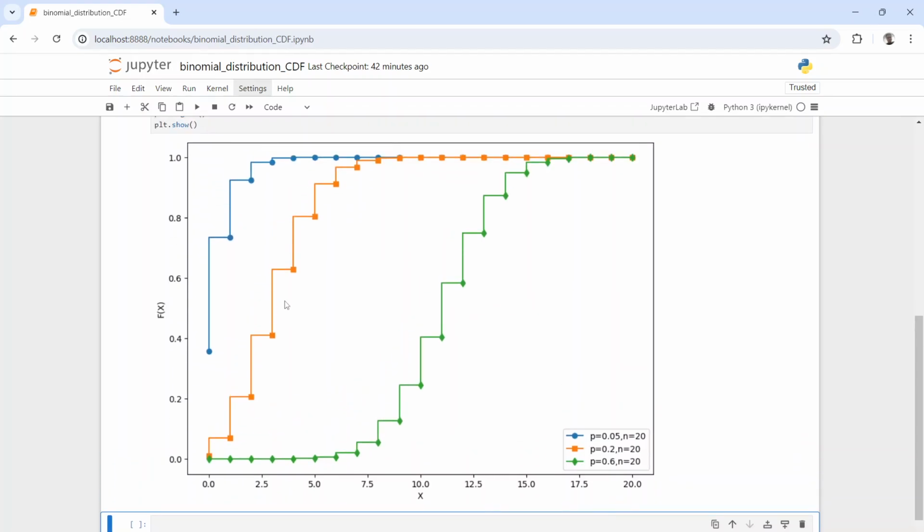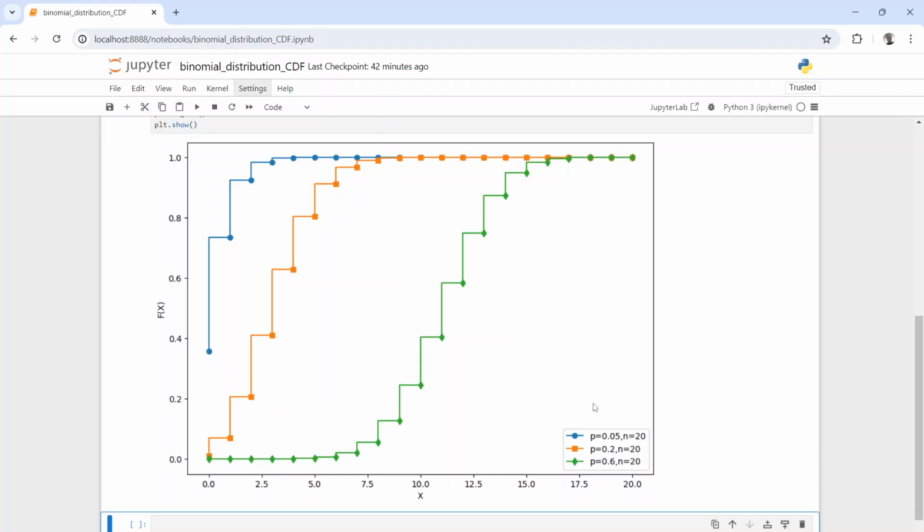For the second one, p is equal to 0.2. We see a more even distribution of cumulative probability, with a moderate probability of achieving successes spread across the range. And for the third, p is equal to 0.6.